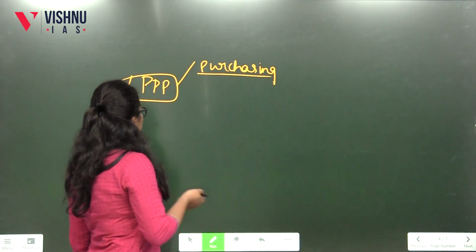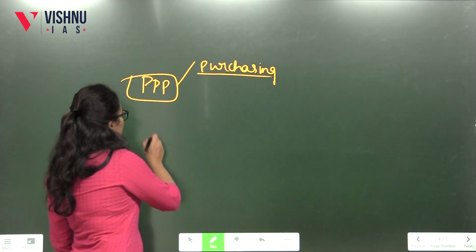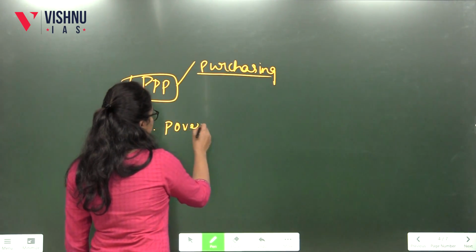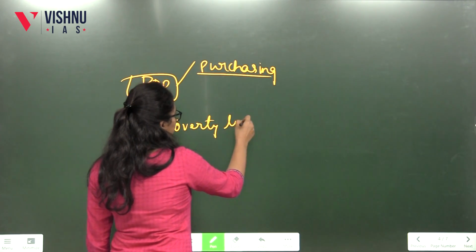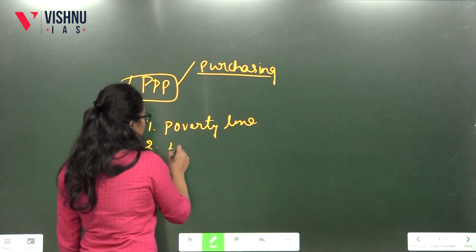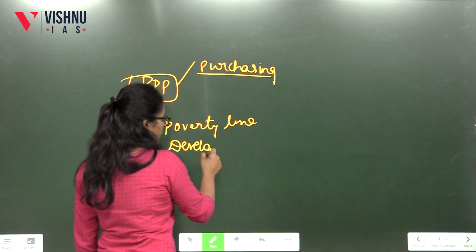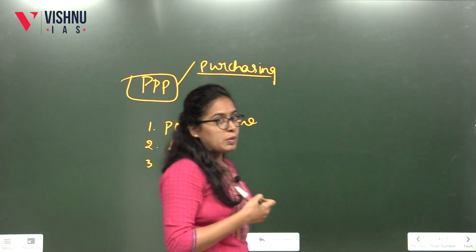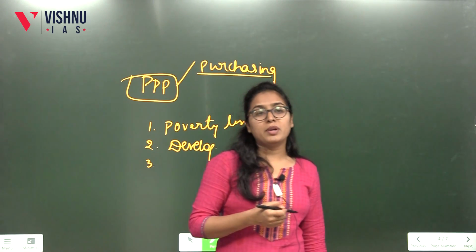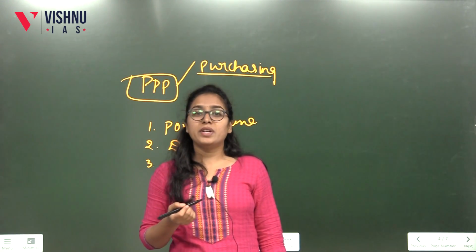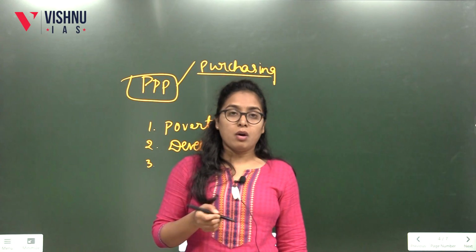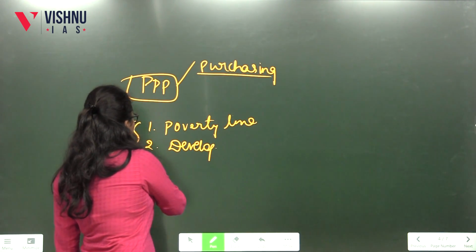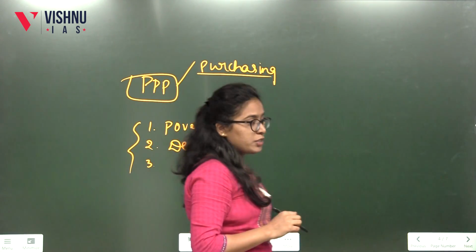We can use PPP in many ways. At the international level, it is used for poverty line calculation and for classifying developing and developed countries. The UN uses the PPP concept to develop developmental indices for all countries. So PPP has so much repercussion on the world GDP.